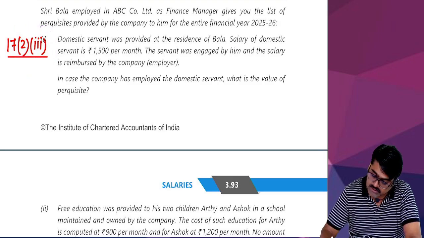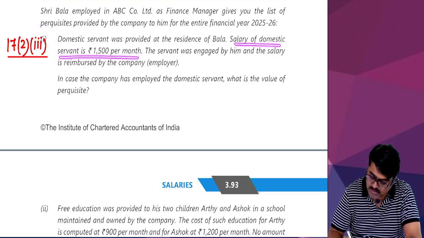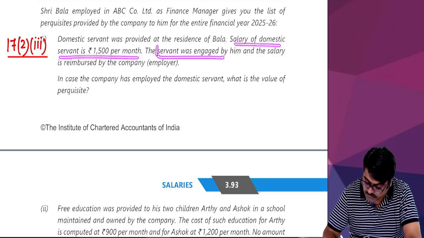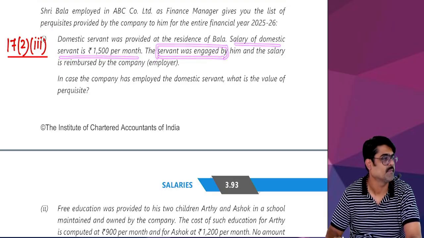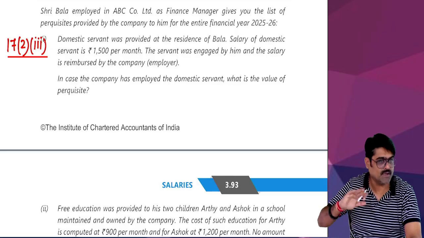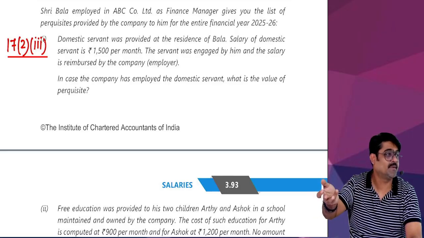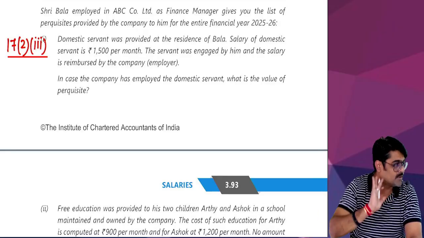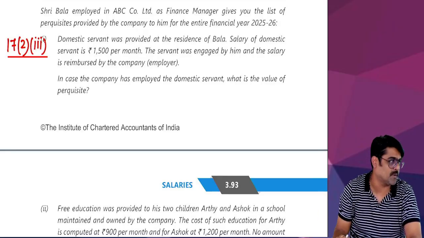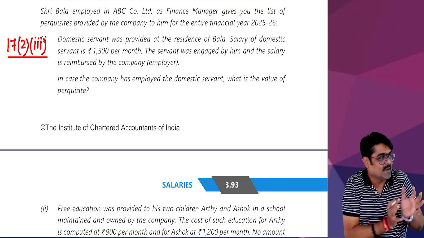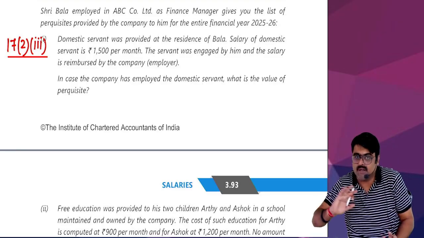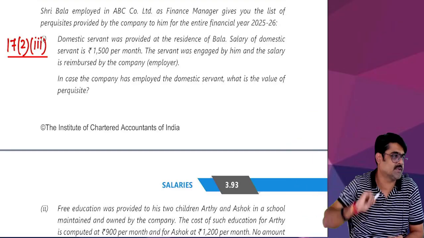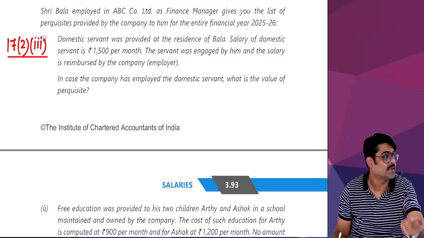See, salary of domestic servant is 1500 per month. The servant was engaged by him. So servant was provided, meaning what? You keep your servant, we will give the salary. That way the servant was provided. Meaning that we are not engaging a servant for you, you engage and we'll pay the salary.